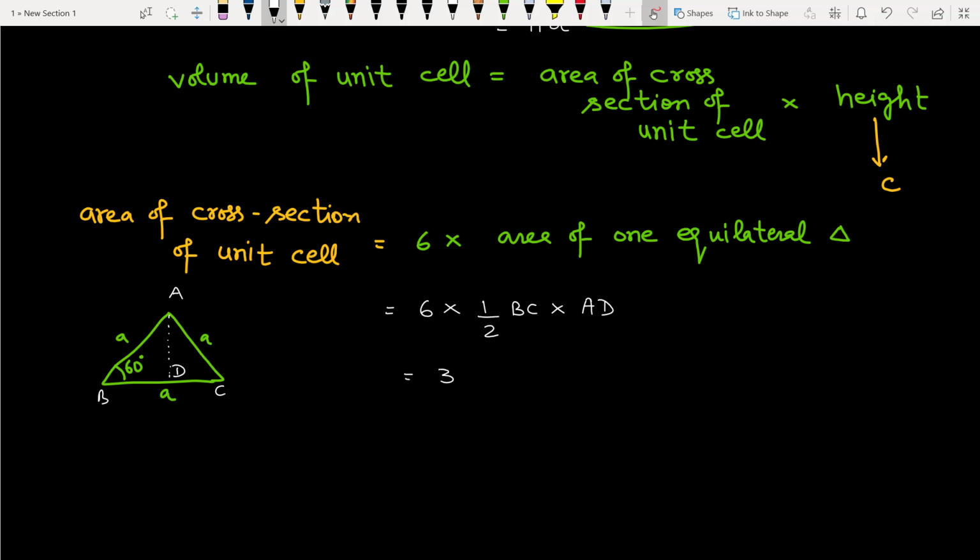So 3, BC is A, this side is A. AD is A sine 60 degree, because sine 60 degree is equal to AD upon AB, which is equal to AD upon A. So AD comes equal to A sine 60 degree.